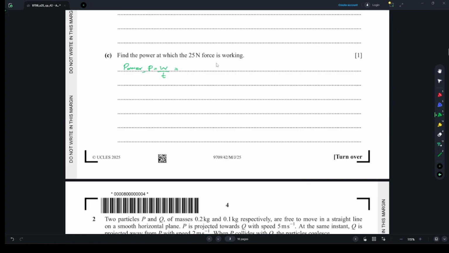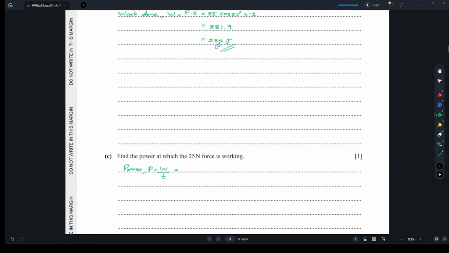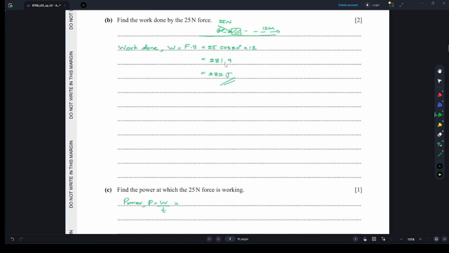I would take that one, because 282 is rounded to three significant figures, so it's better to use 281.9.